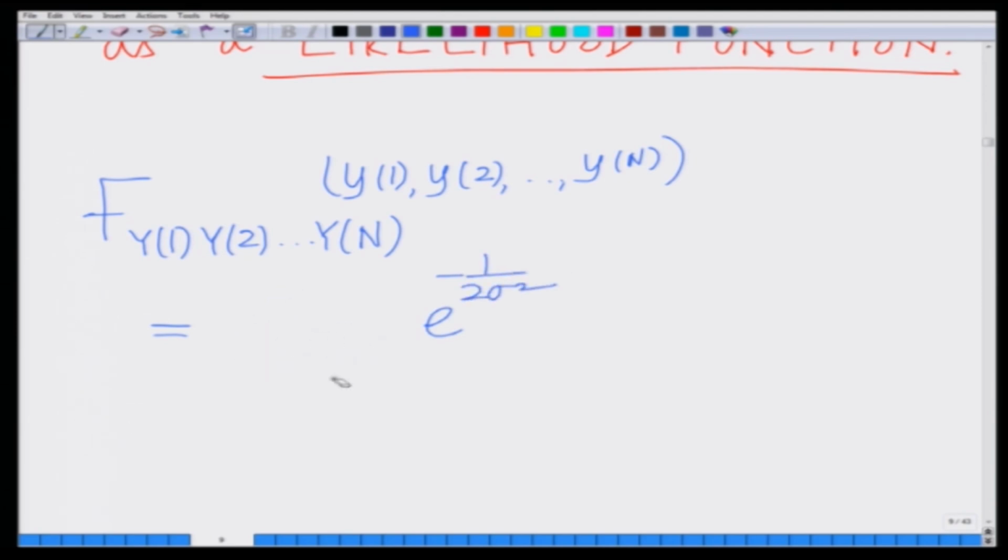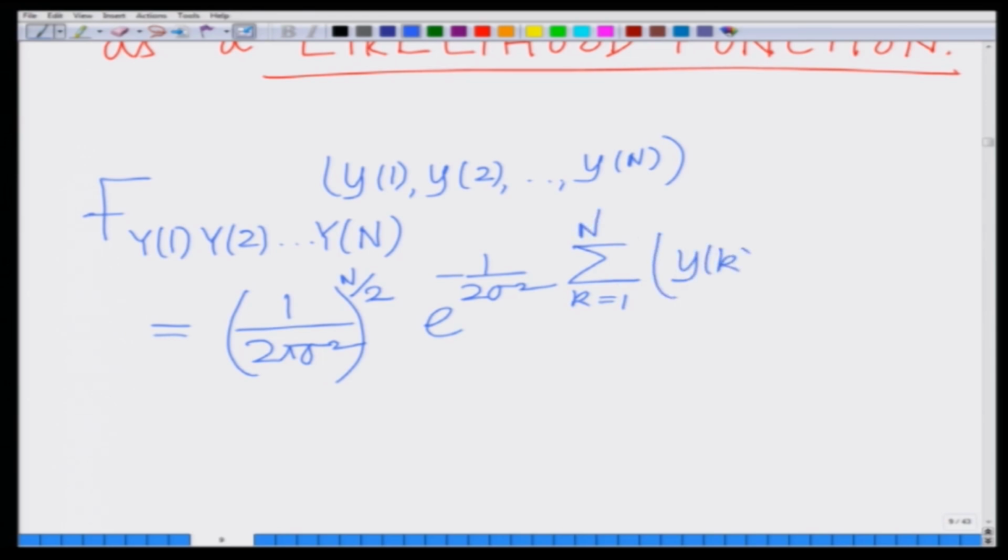In fact, this is 1 over 2 pi sigma square raised to the power of n by 2 e raised to minus 1 over 2 sigma square summation k equals 1 to n of yk minus h whole square. This is a function of the unknown parameter h.